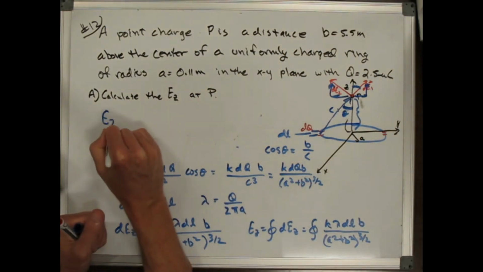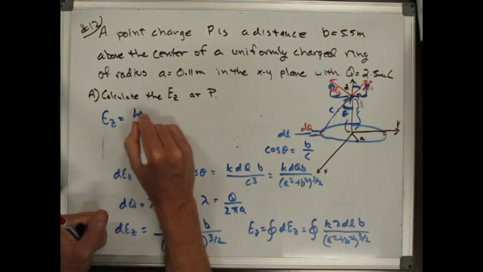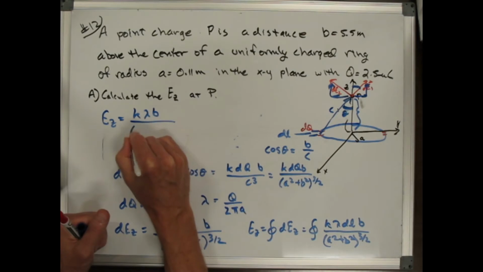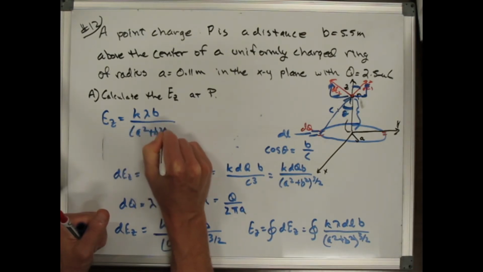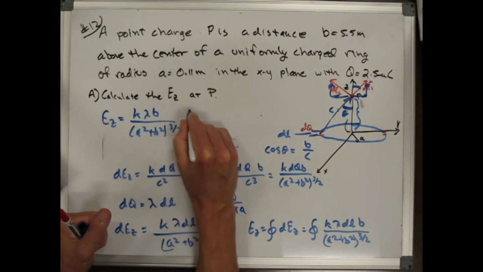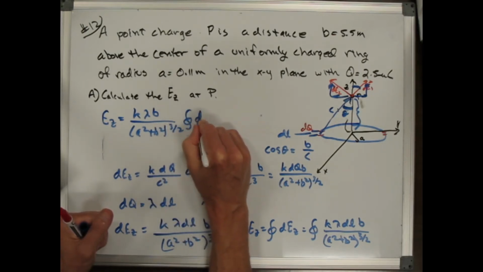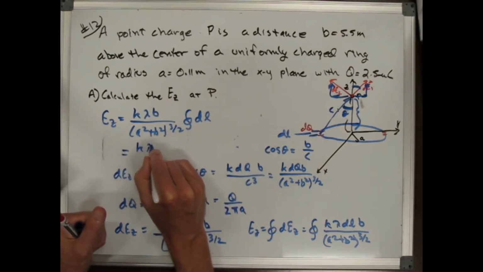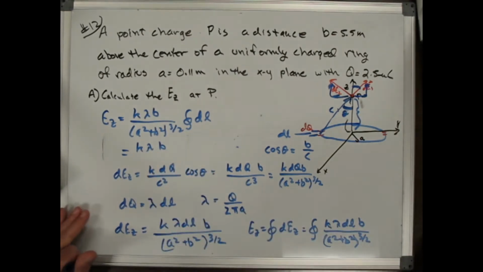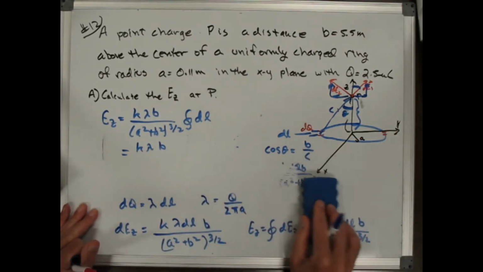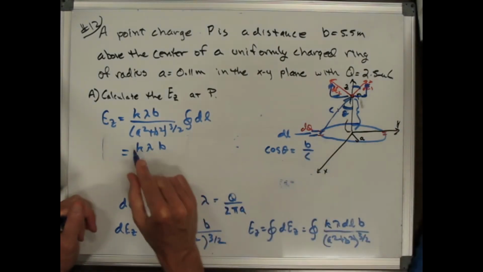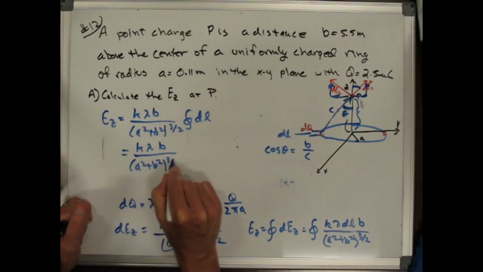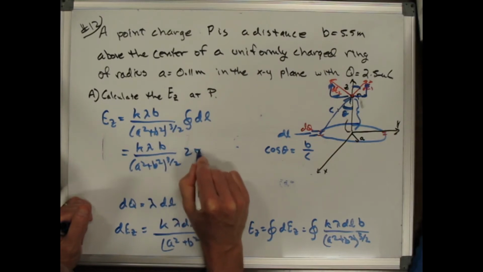And so what I can say is Ez is equal to k lambda b over a squared plus b squared to the 3/2 times the integral of dl around the circle, which is just k lambda b over a squared plus b squared to the 3/2 times 2 pi a.